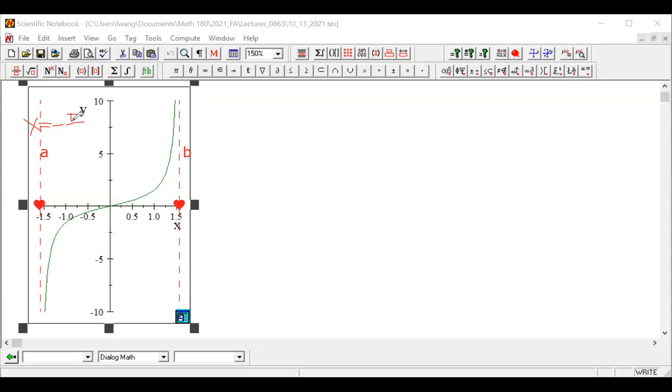In order to give you all the credit, your professor has to see the perfect answer without anything missing. If your answer is just negative pi over 2, guess what? You are getting 0. Because negative pi over 2 is just a number.